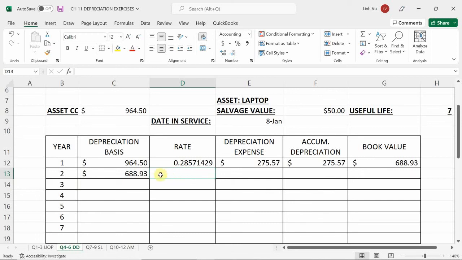Yeah. 1 divided by the estimated useful life times 2. Asset cost divided by estimated useful life times two. Nope, no. 1, like the number 1, divided by the estimated useful life times 2.